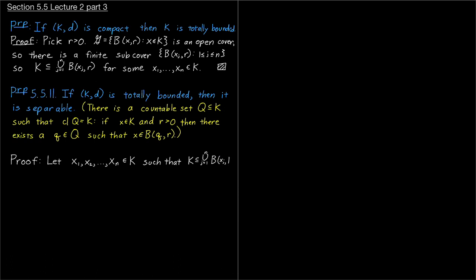And because K is totally bounded, I know that these points xj exist. Let's actually call this index n1 instead of just n.